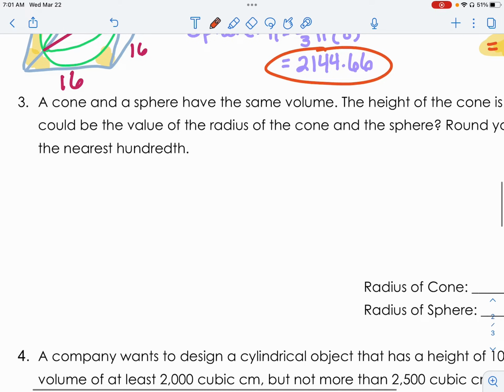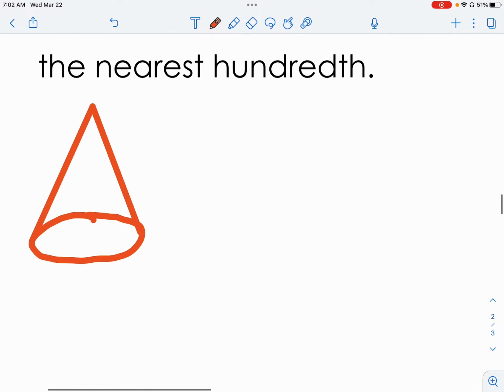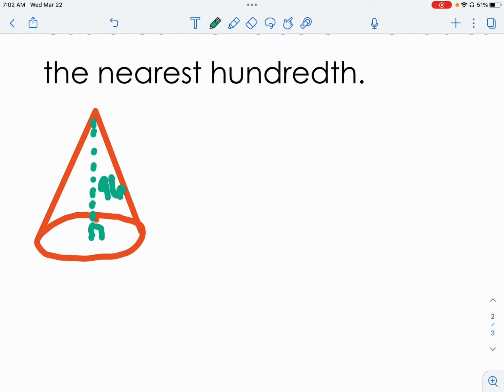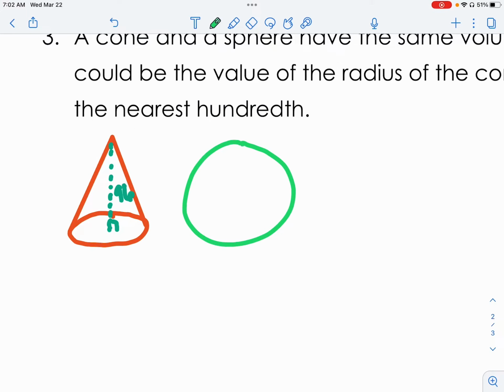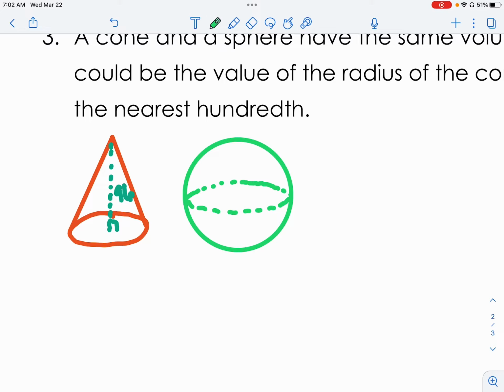So let's just go ahead and draw a picture real quick. Pictures help a lot. Here's your cone, and this has a height of 96, and then we have some type of sphere, and these volumes are equal.